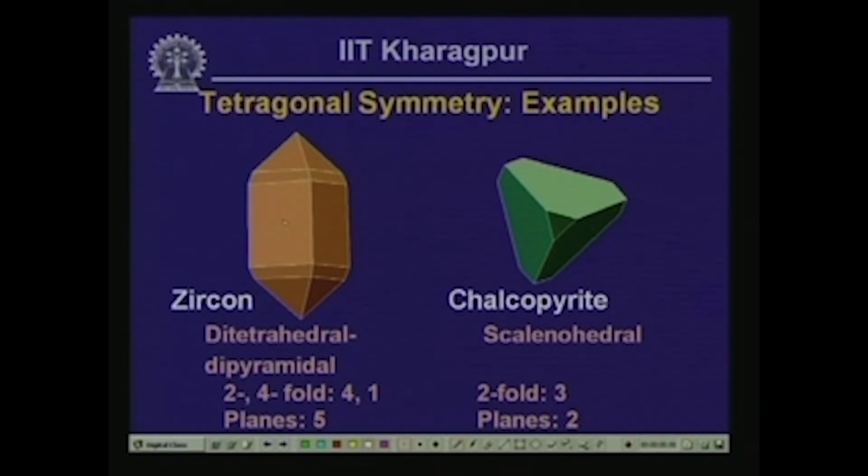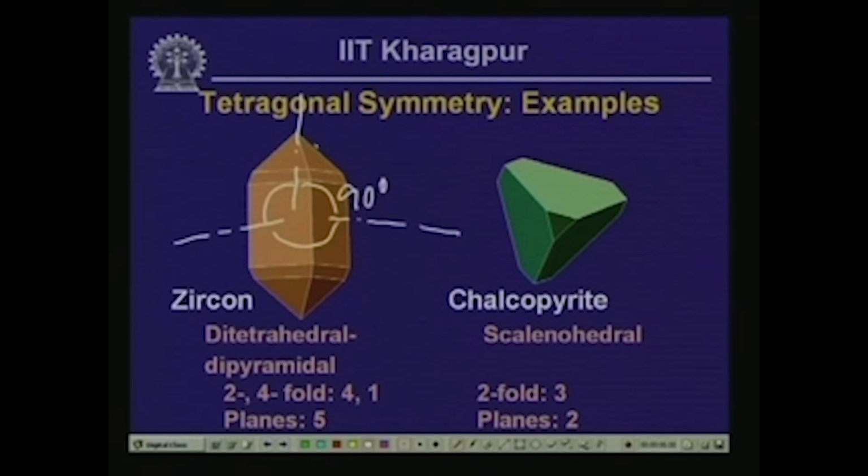For example, in the case of zircon, you are going to have one axis in this orientation, another in this orientation, and obviously one axis in this direction, and the angles between these axes are all 90 degrees.